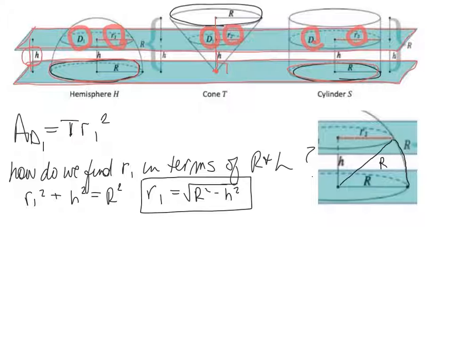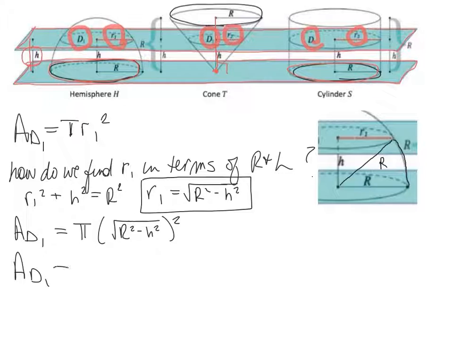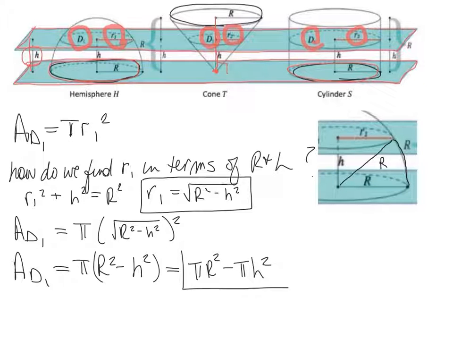Now let's put it into the area of D1: pi times the square root of R squared minus h squared, quantity squared, which is awesome because that cancels out my square root. So the area of D1 equals pi times R squared minus h squared, which equals pi R squared minus pi h squared.